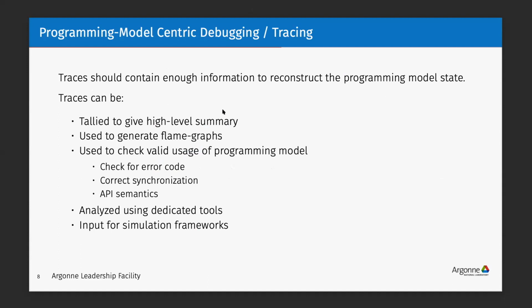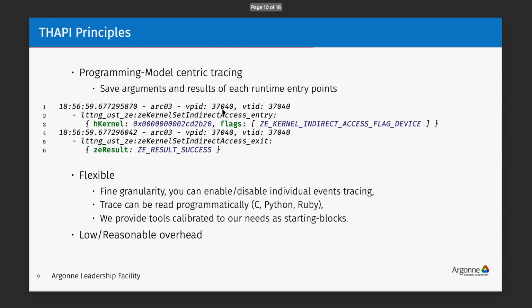We want to generate flame graphs and do timeline visualization, but we also want to be able to do validation of usage of programming models with those traces: check for correct synchronization, check that the API semantics are being respected. We also want to do this using dedicated tools that we are providing to users, but these traces are also used as input for simulation frameworks, because you have a lot of meaningful information contained in those traces.